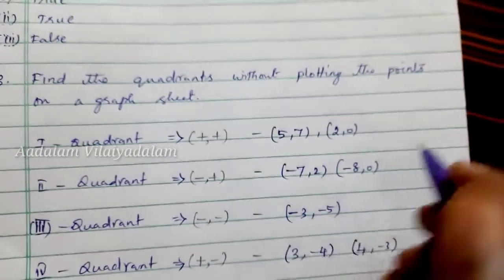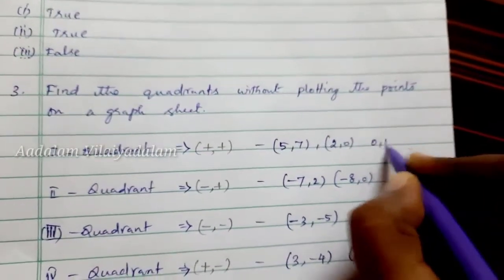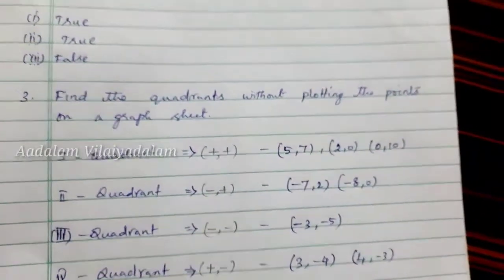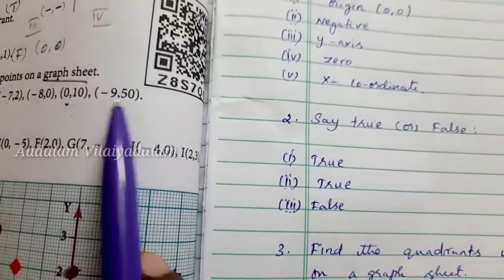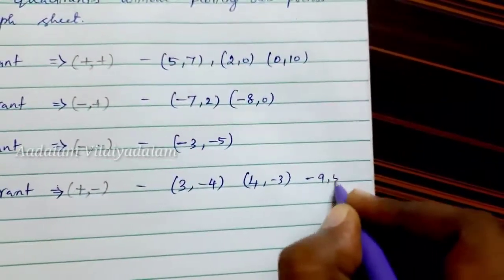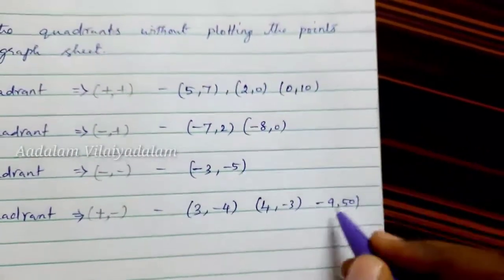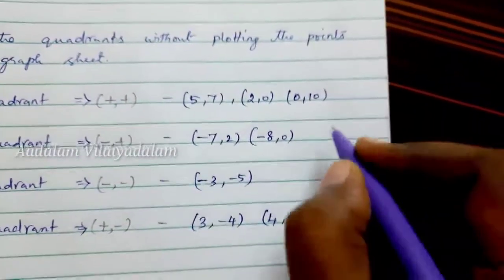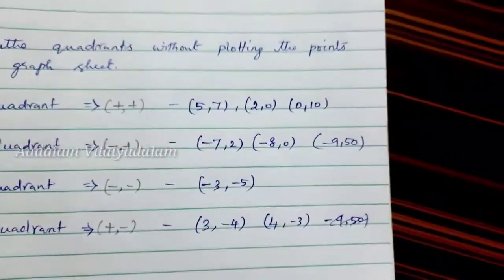So you can write (0, 10). The next one, (-9, 50). The first one is negative, second one is positive. So we will get it in the second quadrant, that is (-9, 50).